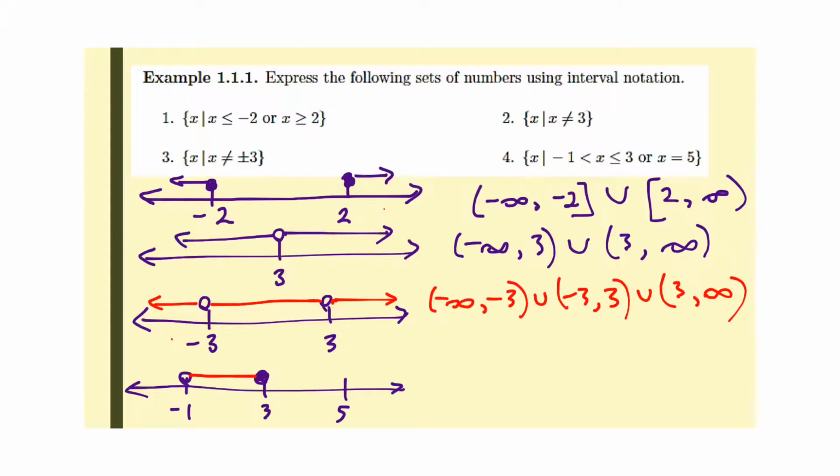Then it says it can equal 5, just a dot on 5. It doesn't say anything else about this region here, so that's not included, nor is this, and also this is not included. So the way I'm going to write that, I'm going to say between negative 1 and 3, where 3 is included, and then I've also got just plain 5 included.